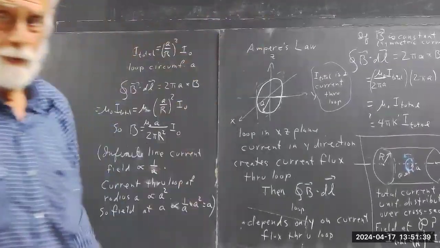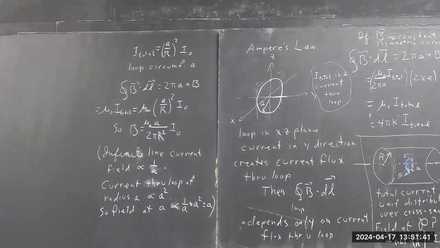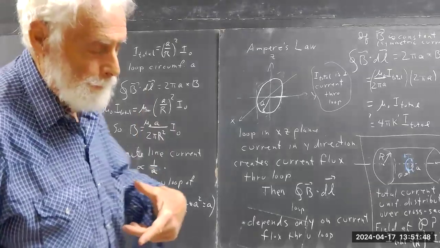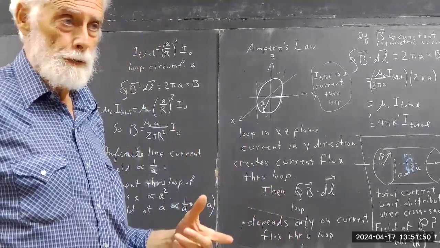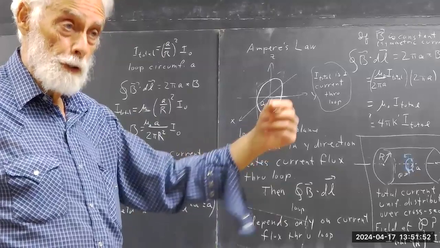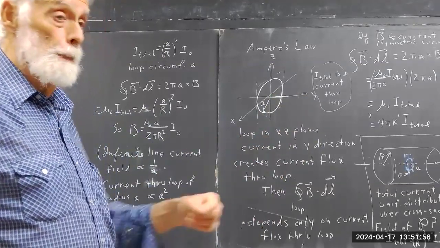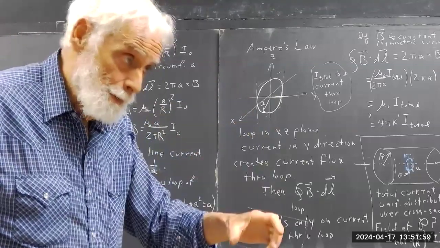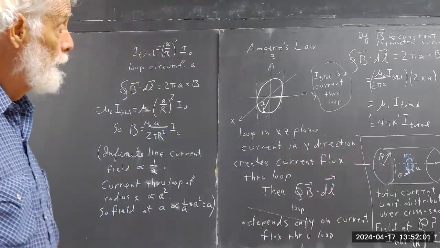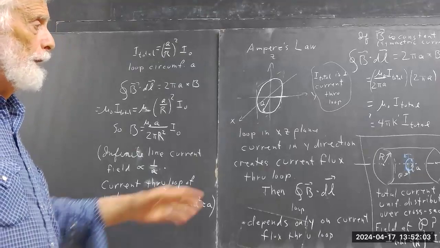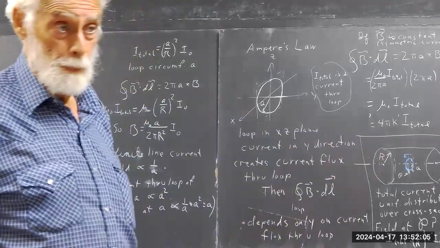K prime is a neater expression to use for the force of a magnetic field on a moving charge. It's K prime q v cross B, or K prime I delta L cross B, and you don't have to carry a 4 pi around with you.